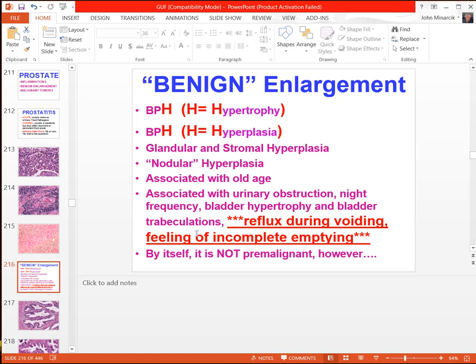But even after the man pees, you could ask any old man, including me, anybody over the age of 70, does he still feel like the bladder is not really totally empty, even though he's done peeing, urinating, micturating? That's what they call a residual volume. You could test for it in various radiologic and even nuclear medicine ways, but remember that as one of the clinical features of benign prostate enlargement.